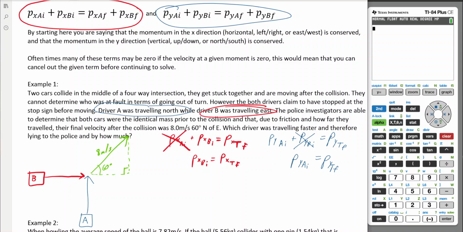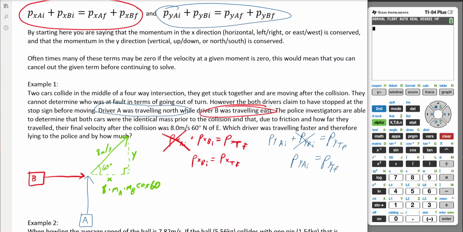Alright, so let's go ahead and see if we can figure out what the PXTF is going to be. So the x direction for P is going to be over here, and this is going to be the y direction for T. This will be 8 times the mass of A plus the mass of B times cos 60.